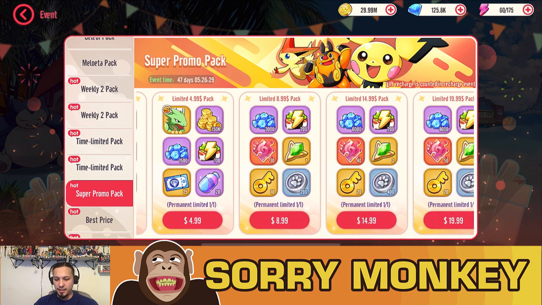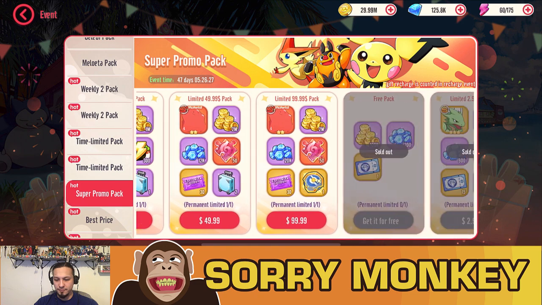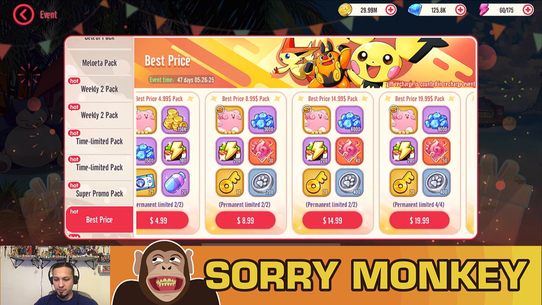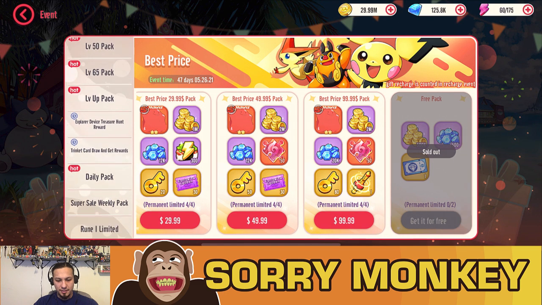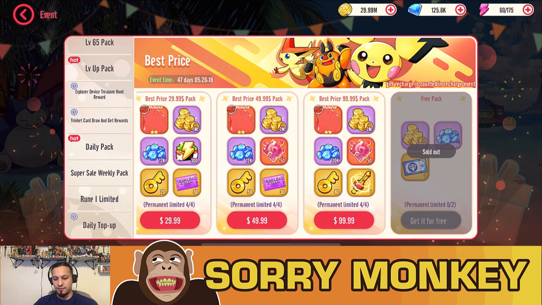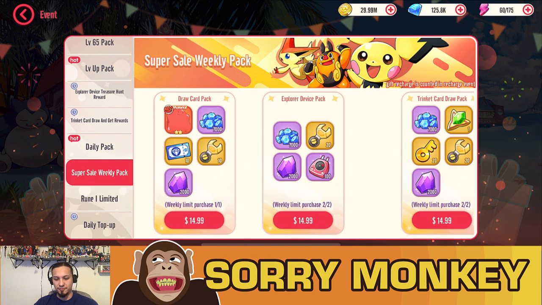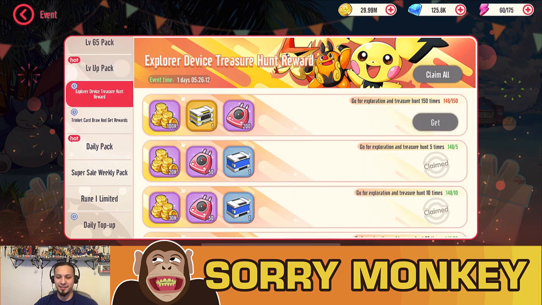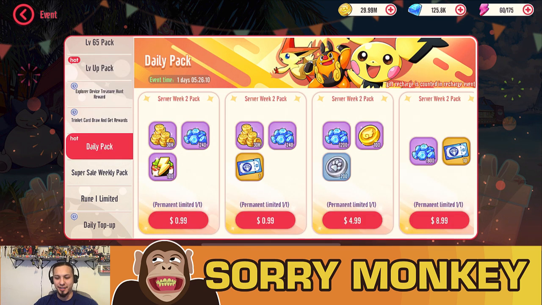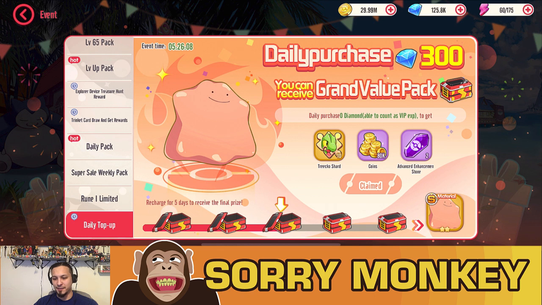And then the newer packs are gonna be just insane. So there's no shortage of packs. You should take a look at what's available here and just go through it.